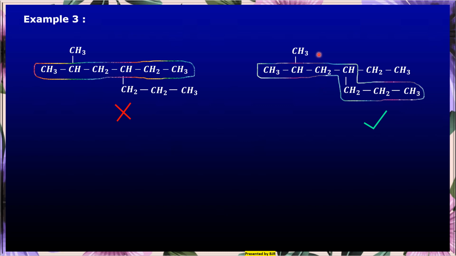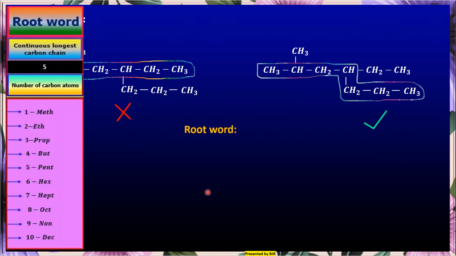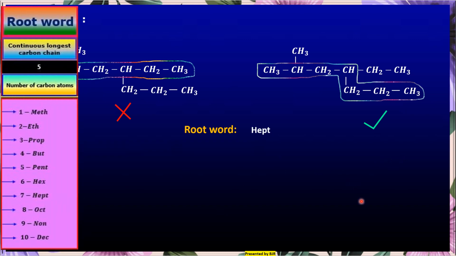And among the remaining side chains, CH3 is a methyl group, and CH2CH3 is an ethyl group. In the longest chain of carbon atoms, that is in this parent chain, there are 7 carbon atoms. The root word is hept.